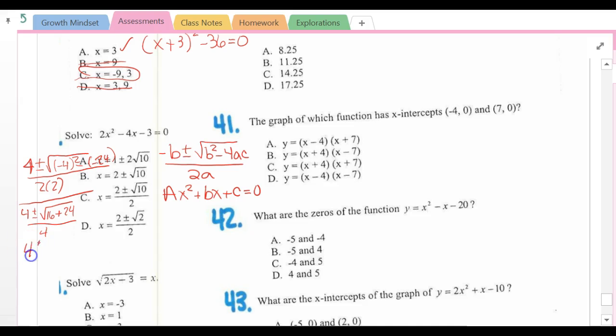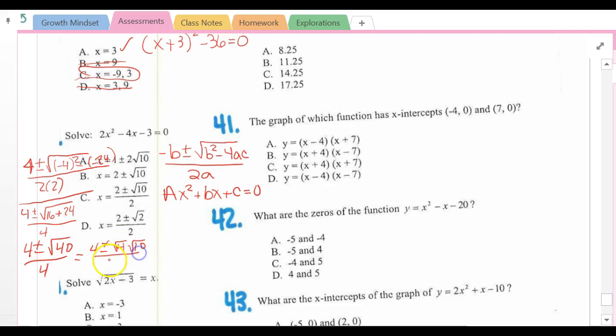So 4 plus or minus square root of 40 over 4. Now my 4's out here are going to simplify, and inside here I can simplify 4 and 40, and I can break that down because the square root of 4 is a perfect square.